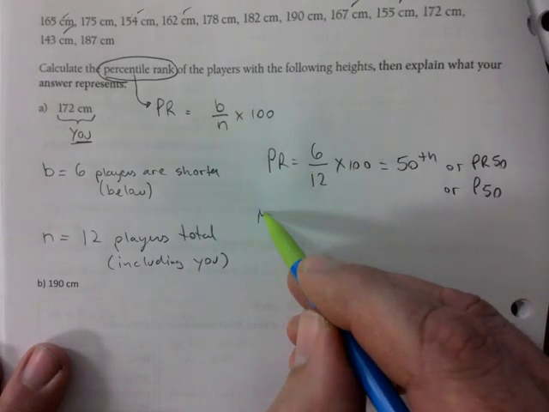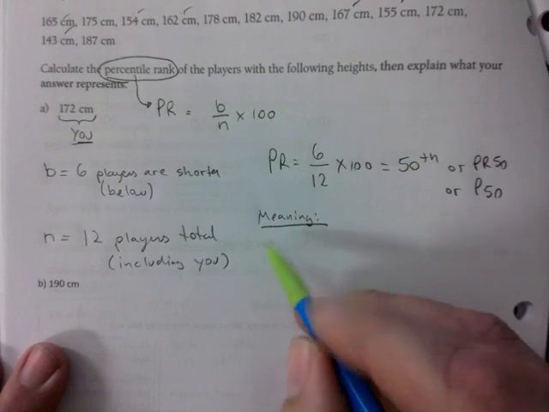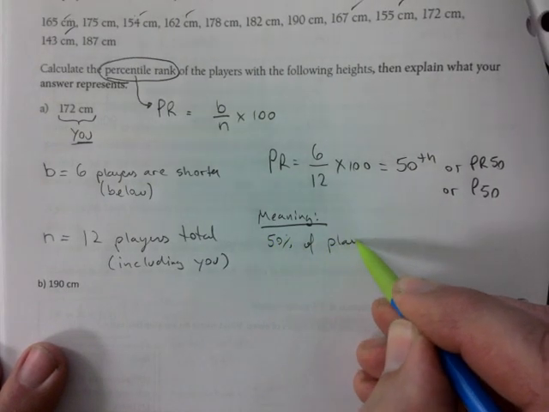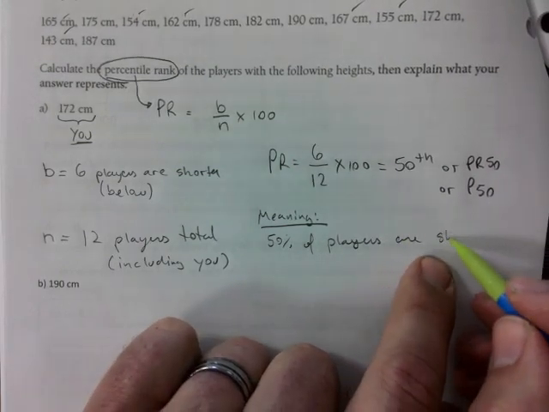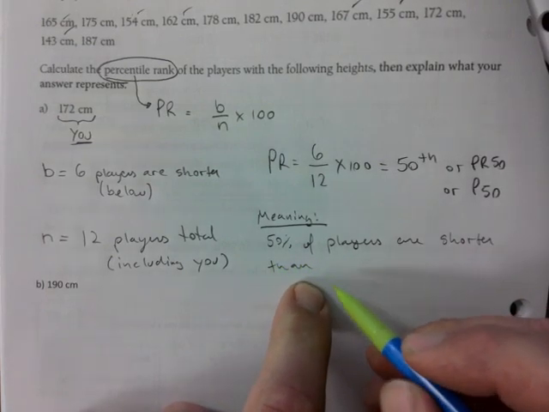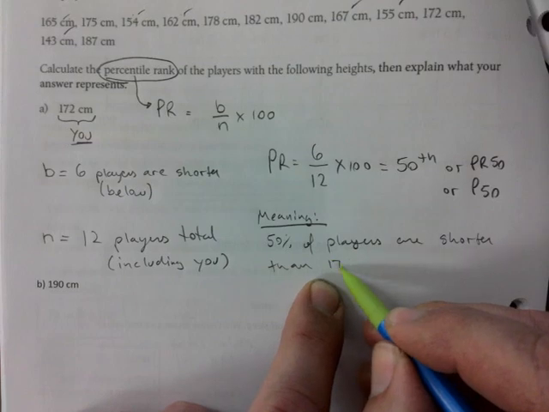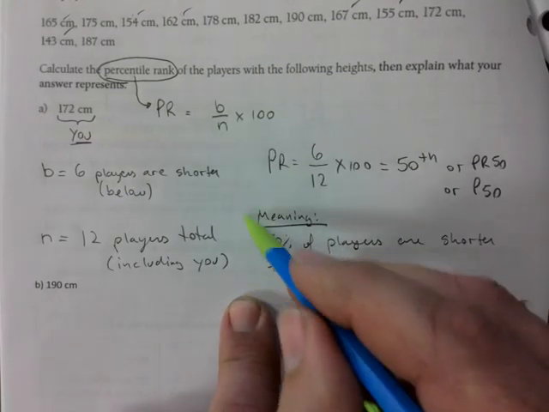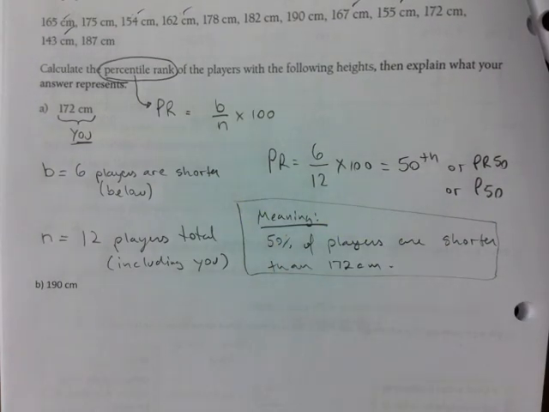What does this mean? Meaning 50% of players are shorter than, well, there's no name attached to this player, so we're just going to say shorter than 172 centimeters. That's the meaning of what you just found.